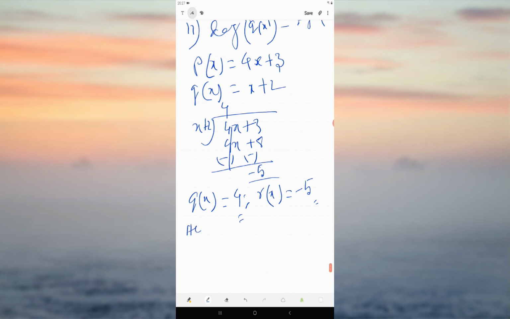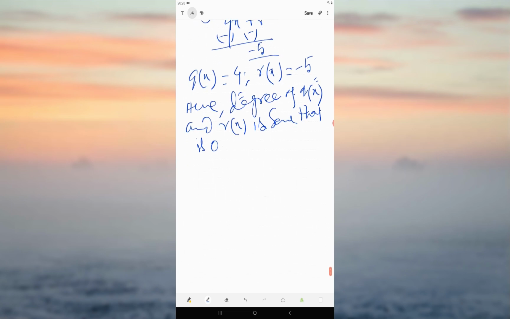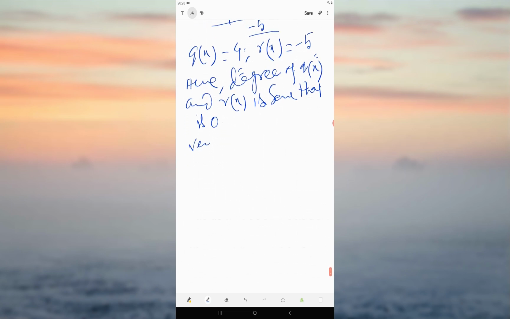So here the degree of q(x) and r(x) is the same, that is 0, correct?